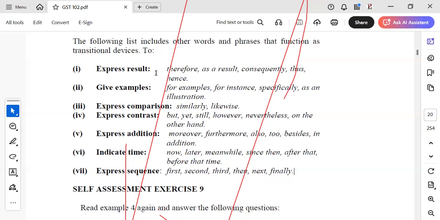Number 4, express contrast: but, yet, still, however, nevertheless, on the other hand. Express addition: moreover, furthermore, also, too, besides, in addition. Indicates time: now, later, meanwhile, since then, up to that time, before the time. Express sequence: first, second, third, then, next, finally. I'm done, sir.